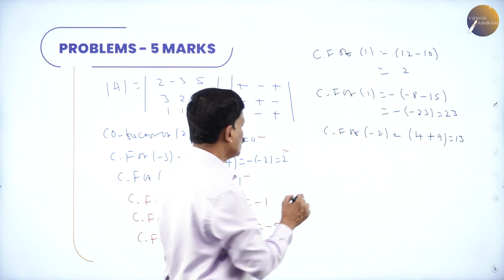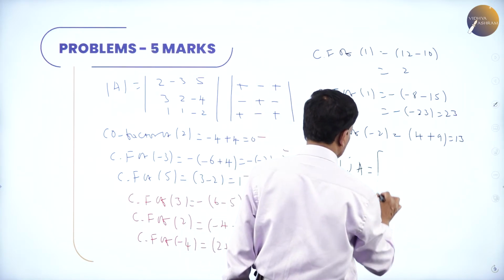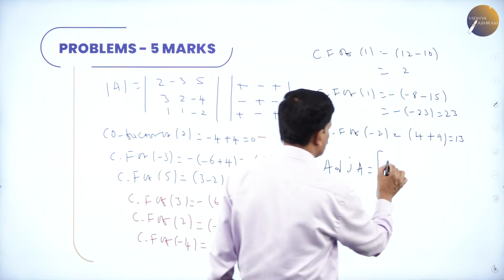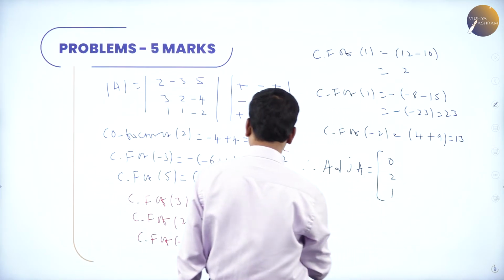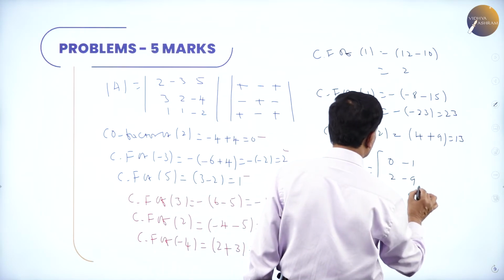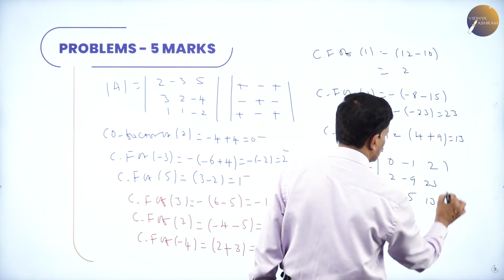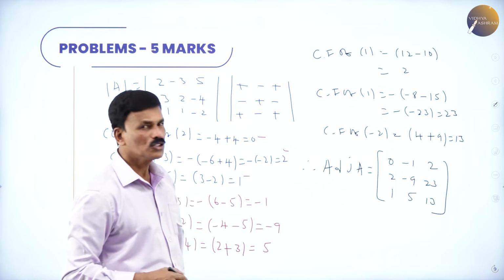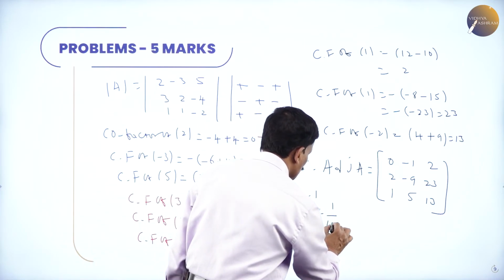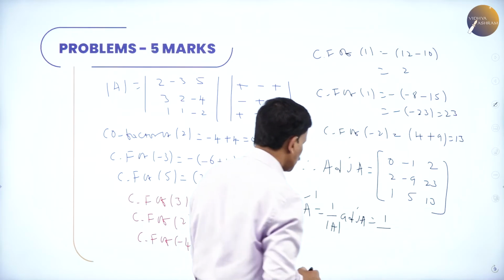Okay, I'll straight away write the adjoint. Adjoint of A is equal to, instead of writing the first row, I will write the first column: 0, 2, 1; again minus 1, minus 9 and plus 5; and the last row is 2, 23 and 13. This is the adjoint. Now therefore A inverse is equal to 1 over determinant of A into adjoint of A. What is determinant of A?